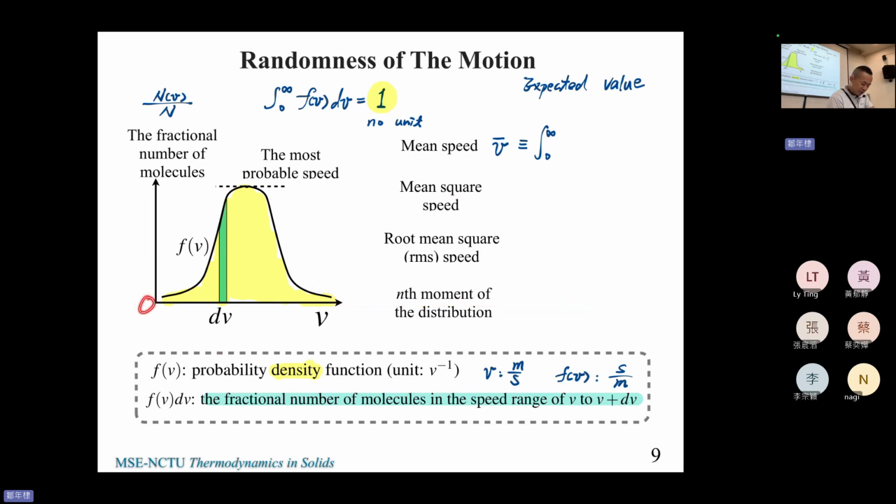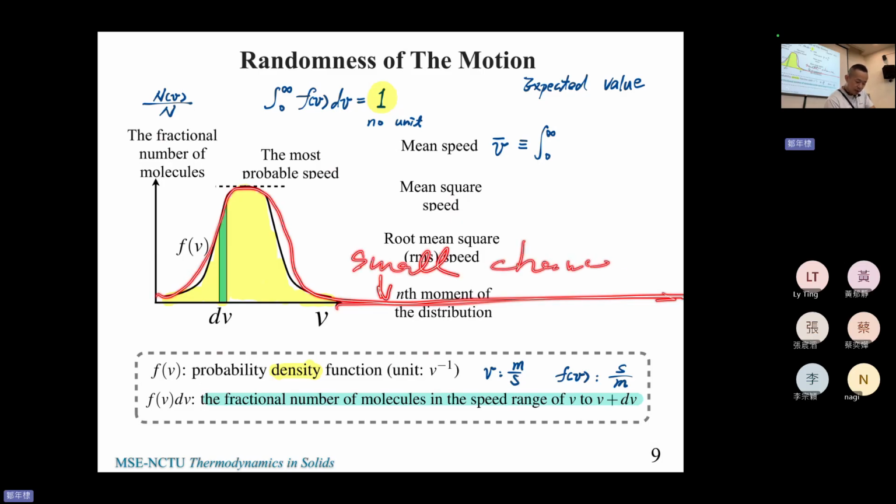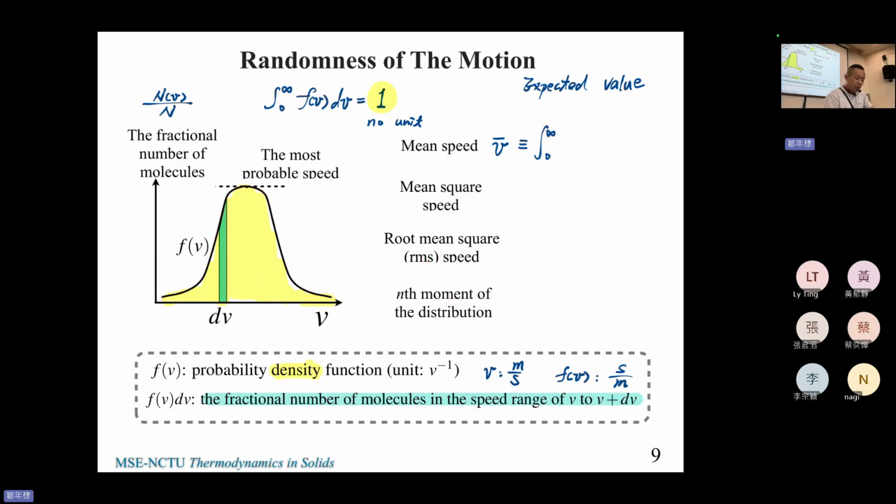So we need to do 0 to infinity. This curve should look like that, very long, but with a really small chance. Okay, so that's why we have an infinity integration upper bound.